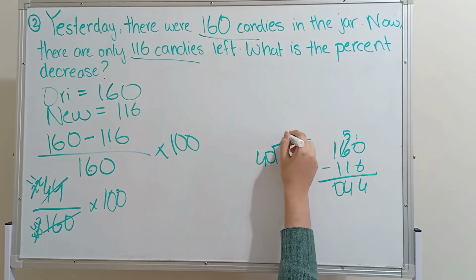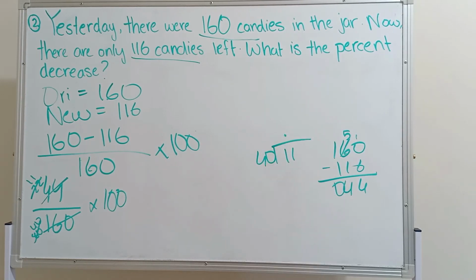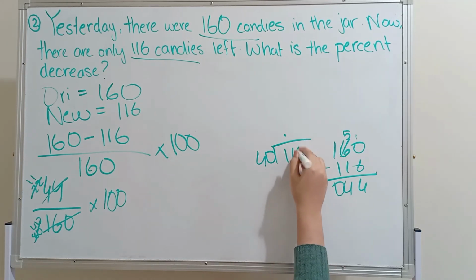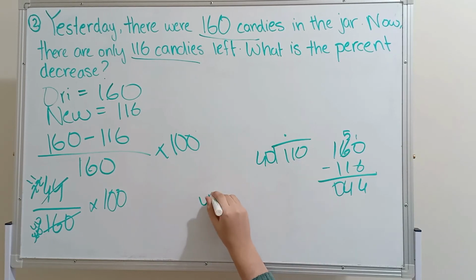So we know this is less than, so we put a decimal. So now our percent decrease is going to be less. So we put a decimal, and so now what we're going to do is we're going to put a 0 here. So let's see.